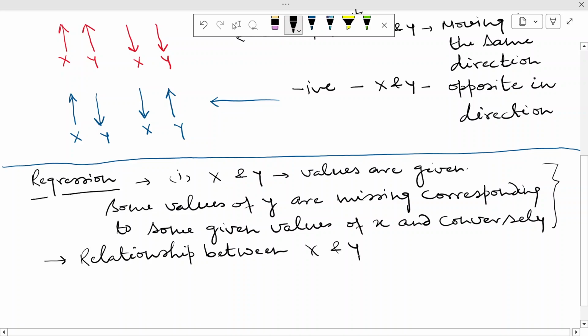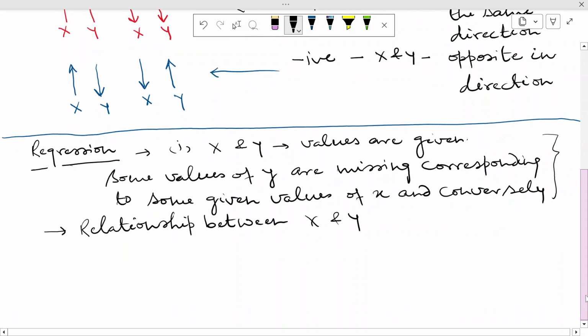Once we have a relationship between x and y, we can easily find the missing values of y for some given values of x, and the other way around, some missing values of x for some given values of y.